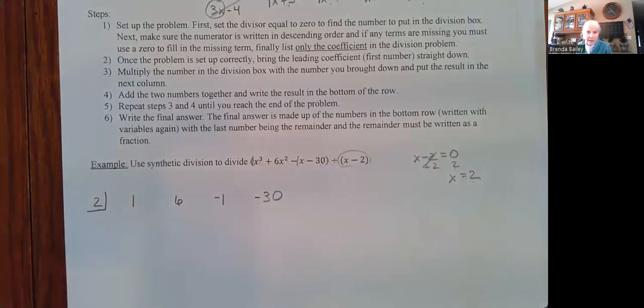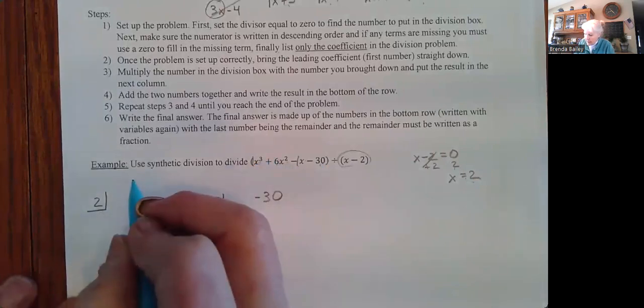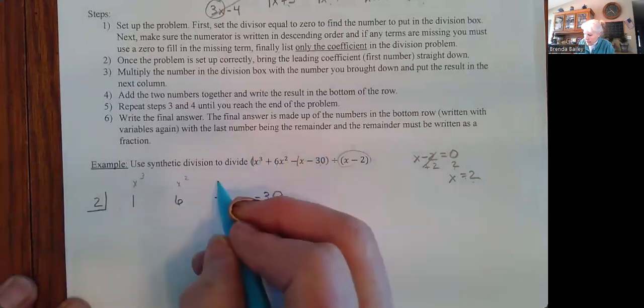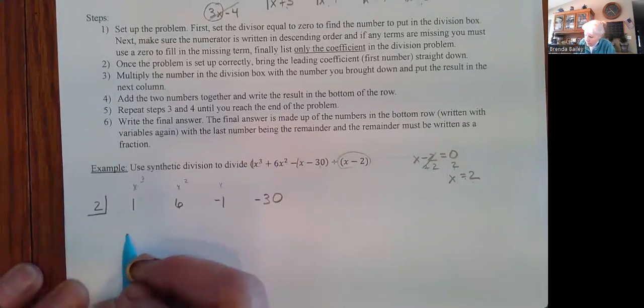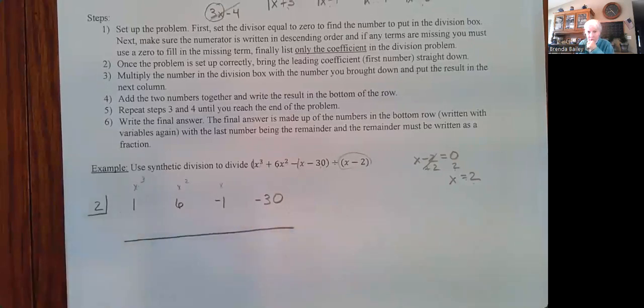So I listed that. All righty. So you list the coefficients without the variables, even though this is the x cubed, this is the x squared, this is the x, and there's our constant. We don't put these in the problem. We have to keep them in mind for the answer, but we don't put them in the problem. Give yourself a little bit of room because we're going to write some numbers underneath these and draw a line.